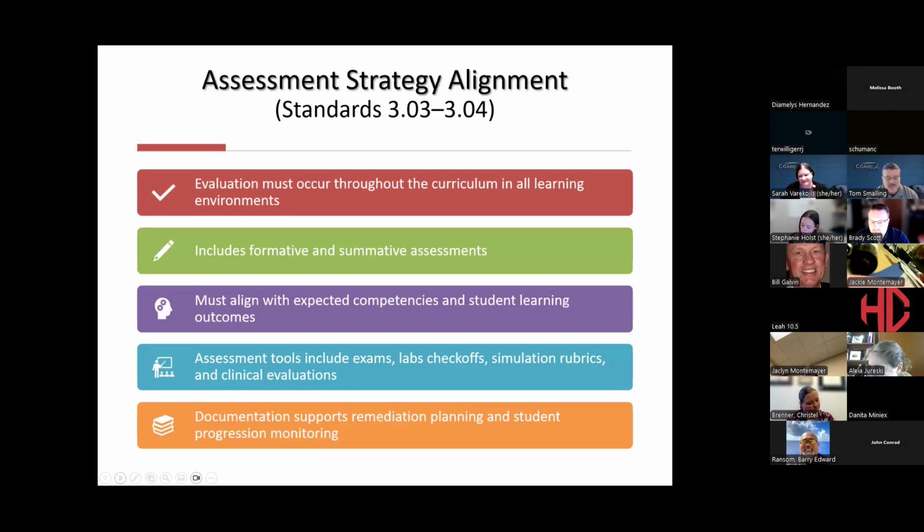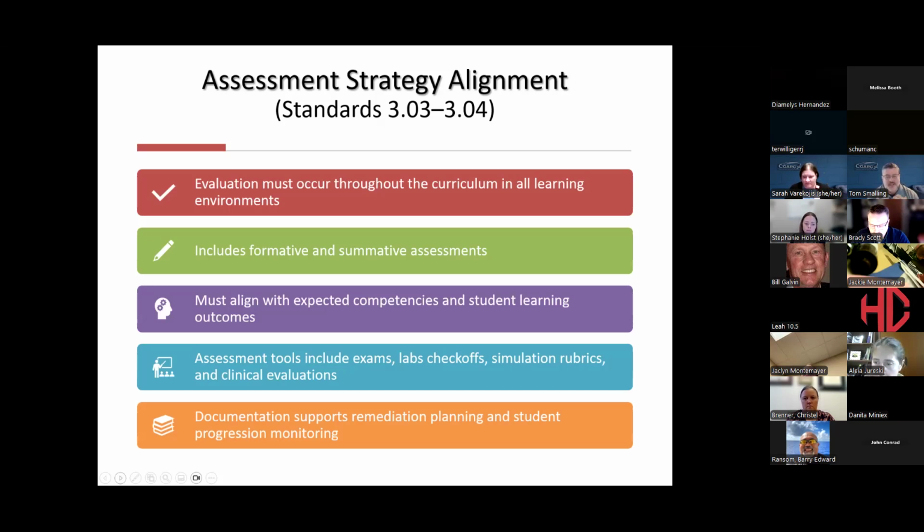These evaluations must align with their expected competencies. So we've got the program goals, and then the thing that you're going to do next, with the help of many, many people, including your advisory committee, is develop these expected competencies. What you want your graduate to be able to do once they graduate. And it's from those expected competencies that you then build your curriculum, your syllabi, and your evaluation tools.